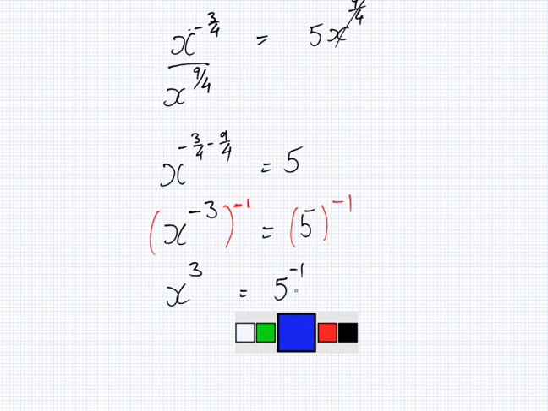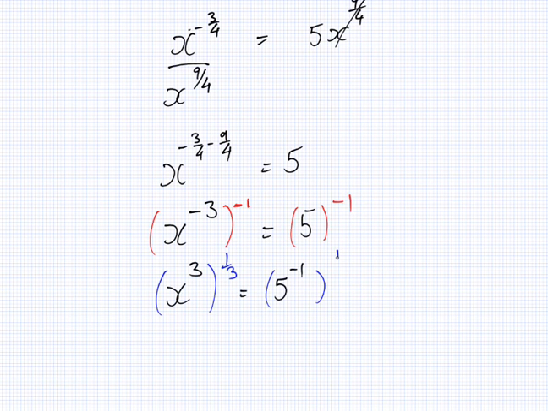And then next, I could put power 1 over 3 on both sides. So then I get x equals 5 power minus 1 over 3.